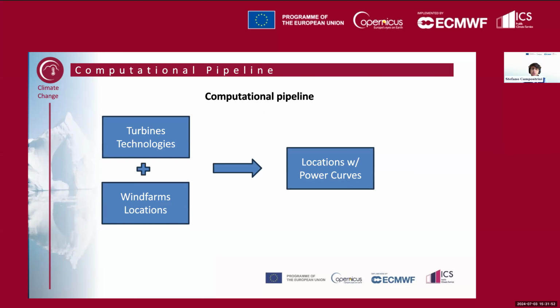So we use the rated power. Let's say a wind farm has a rated power for the turbine that I'll install there of 5 megawatts. We pick the turbine, among the turbines that I showed you before, that's closest to the installed technology.